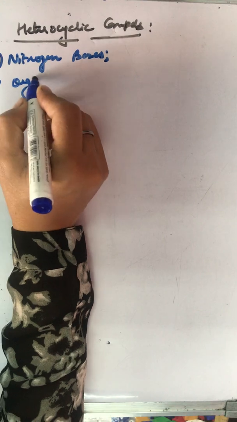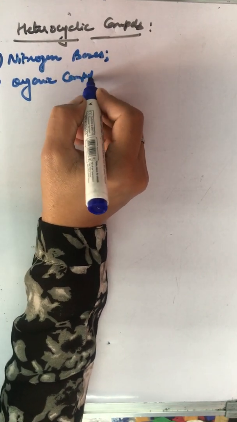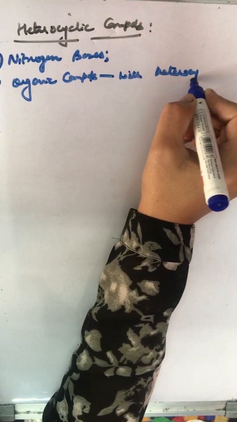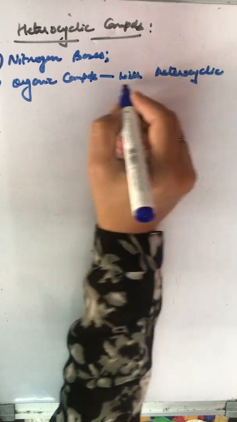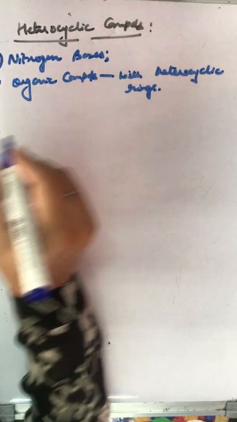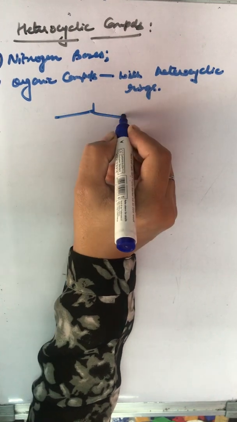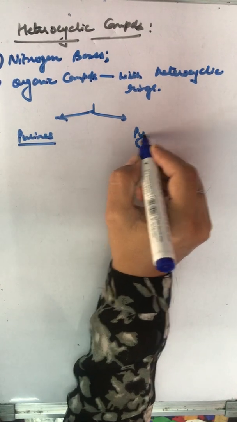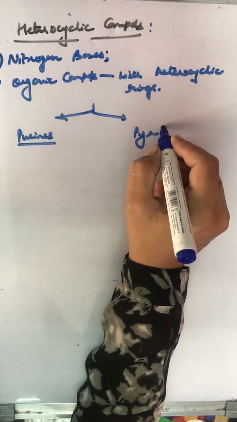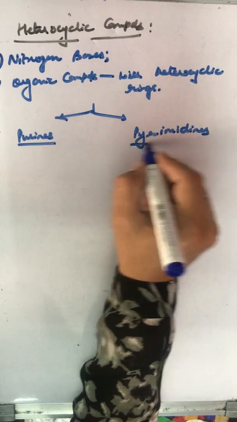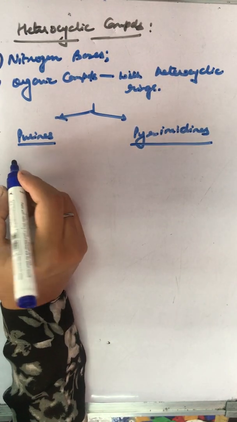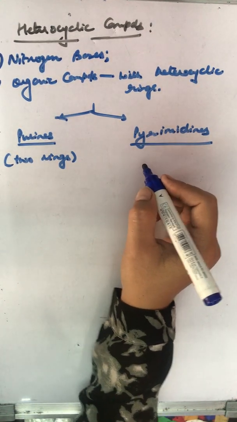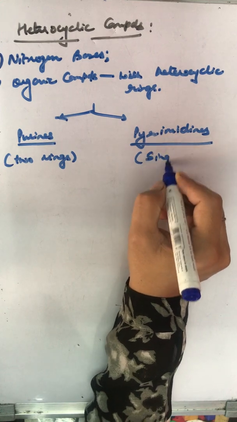These are organic compounds with heterocyclic rings, and these are classified into two groups, purines and pyrimidines. Purines have two rings, and pyrimidines have a single ring.